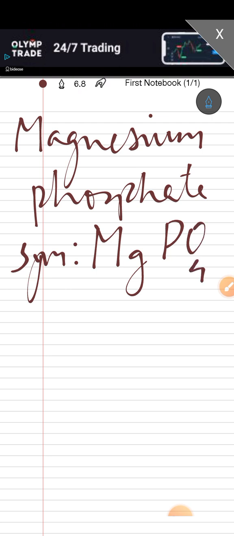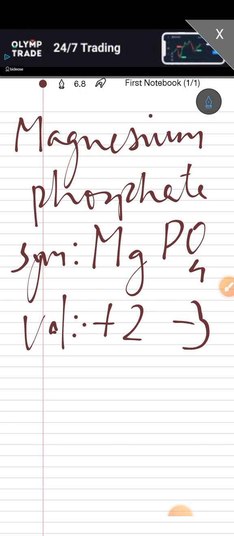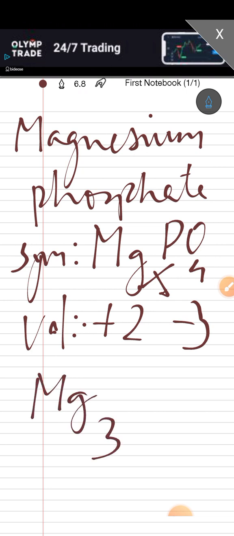Now the valency of magnesium, it's a group 2 element, so +2. Phosphate comes from phosphoric acid, H3PO4. You remove 3 hydrogens, so the charge on PO4 is -3. So if I crisscross, it will be Mg3(PO4)2.